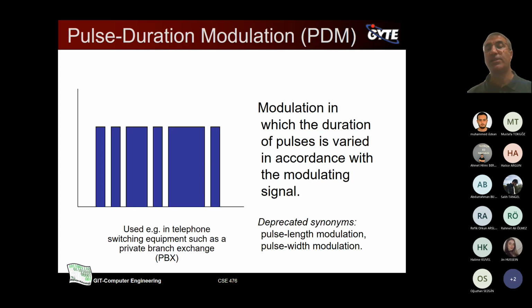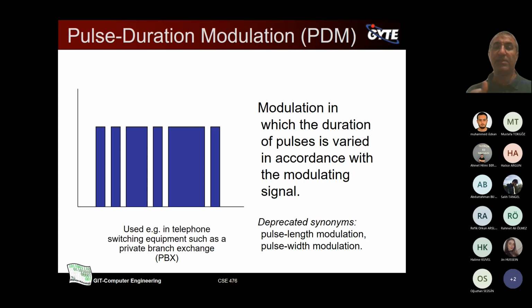Another one is pulse duration modulation. We assign bit 1 one pulse duration, let's say T1 in seconds, and bit 0 another pulse shape which has a larger duration, let's say T2.